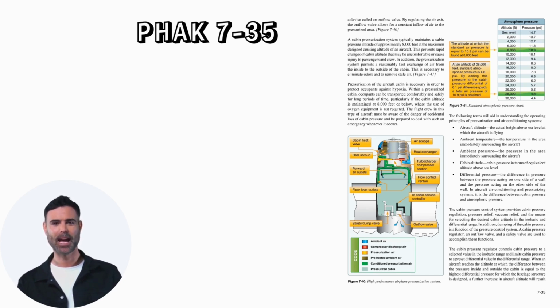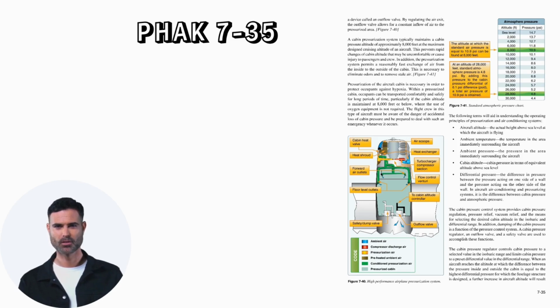Cabin altitude: cabin pressure in terms of equivalent altitude above sea level. Differential pressure: the difference in pressure between the pressure acting on one side of a wall and the pressure acting on the other side of the wall. In aircraft air conditioning and pressurizing systems, it is the difference between cabin pressure and atmospheric pressure.